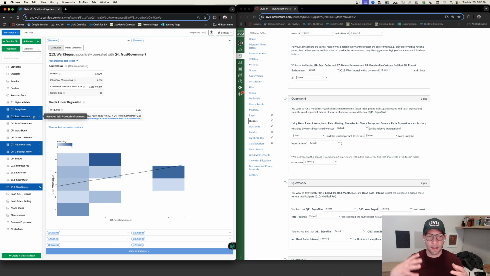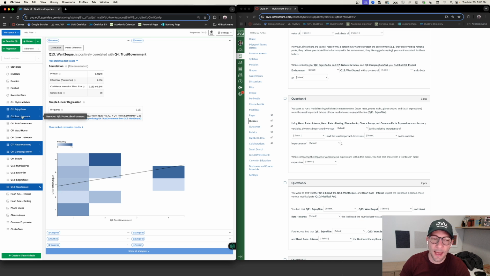So all kinds of people might feel like or not feel like they want to protect the environment for different reasons, okay? And what's going to happen is if we run all of these at the same time, I'm going to focus here on protect the environment. It'll show us the impact that protect the environment has on how much they want to watch the sequel.